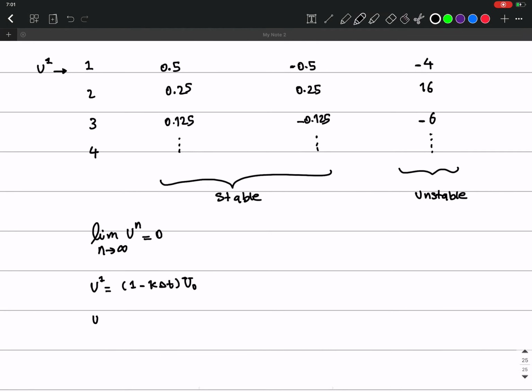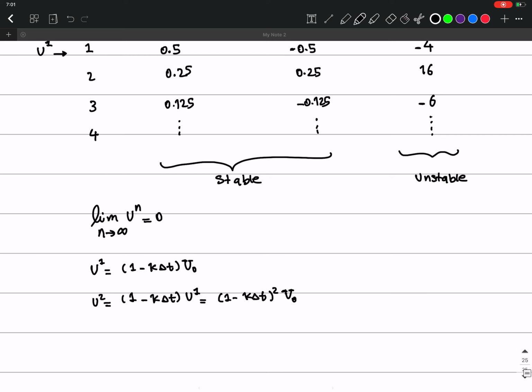So u_2 is going to be (1 minus kappa delta t) u_1, which is (1 minus kappa delta t) squared u_0.